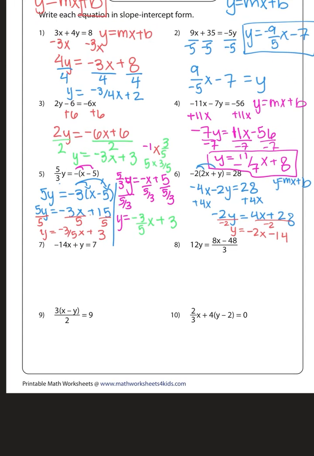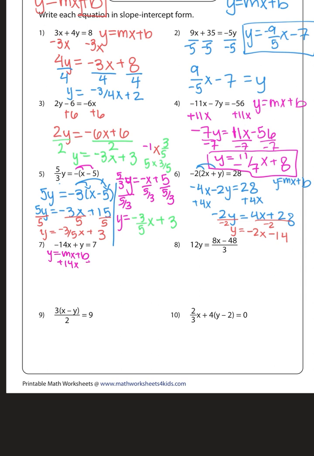Okay, let's look at our last four problems. So we got negative 14x plus y equals 7. So we're trying to make it look like y is equal to mx plus b. And we do that by moving negative 14x over.